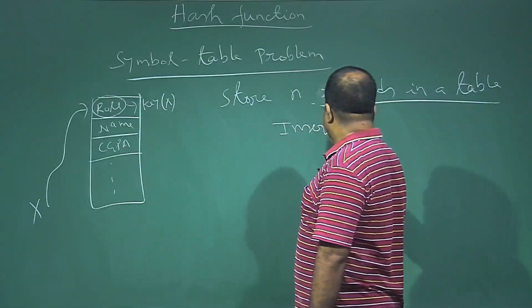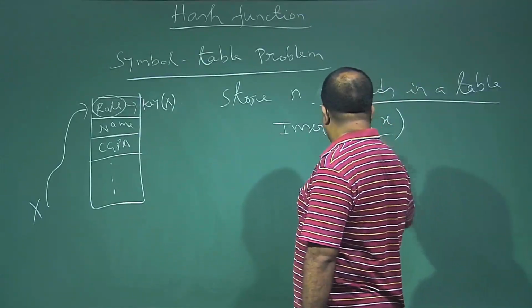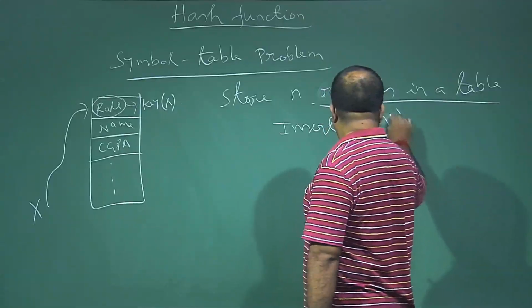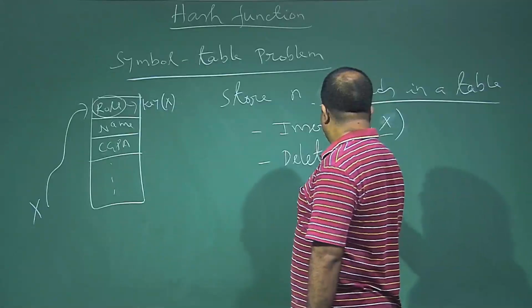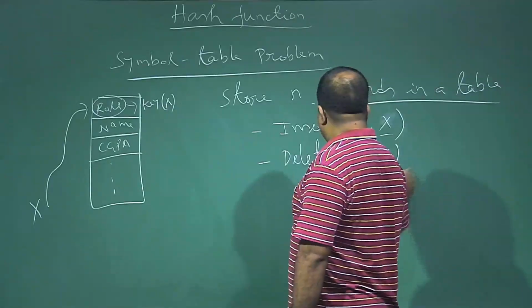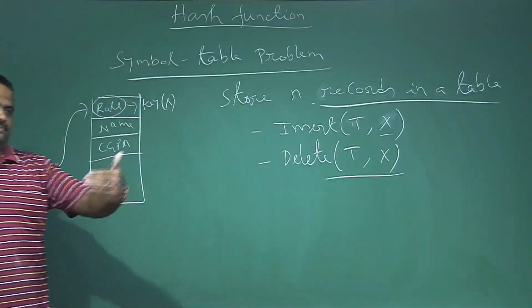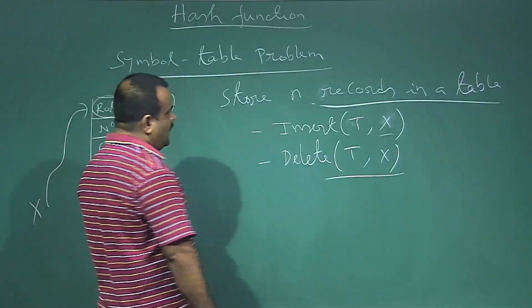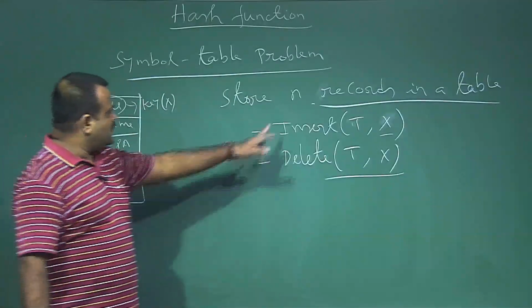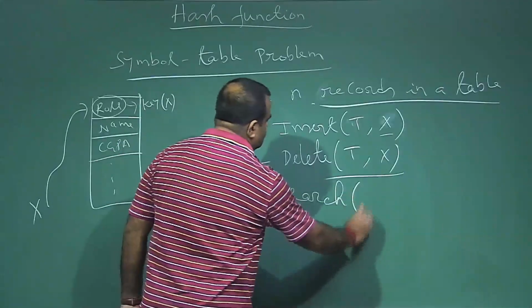We should be able to insert a record into the table which is not there. We should be able to delete a record from the table. Suppose a student passes out, we should delete that record from the table. These two are dynamic operations. And then the main important thing is we should be able to search a record.